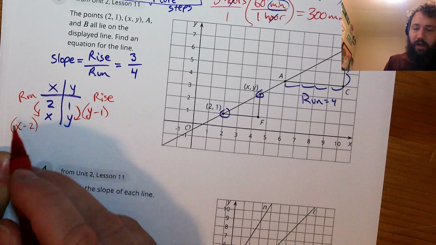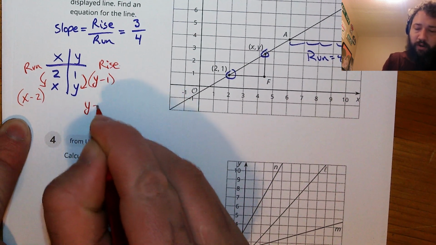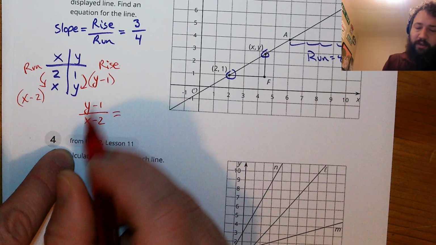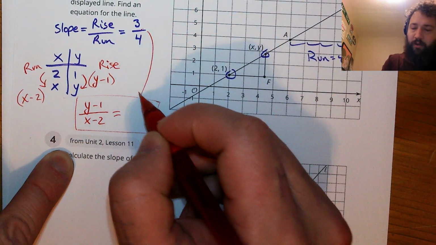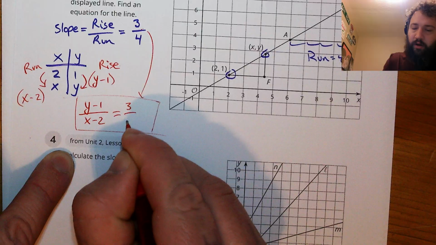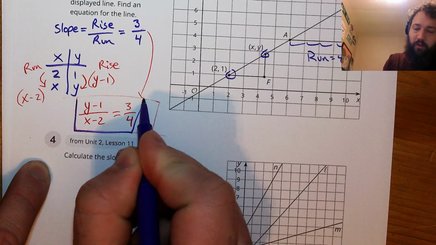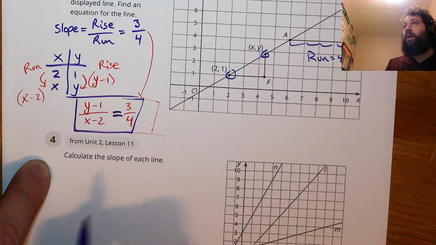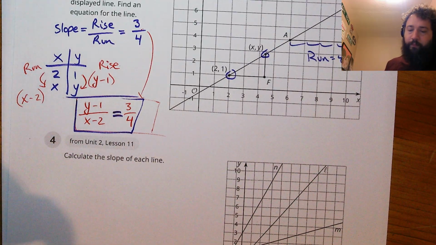And then I put my rise over my run just like I did before. So I have y minus 1 over x minus 2, and that is equal to slope. But I just found my slope up there, so I could put my slope here. And now I have a beautiful equation, an equation with an equal sign. And that's going to be the equation of this line.